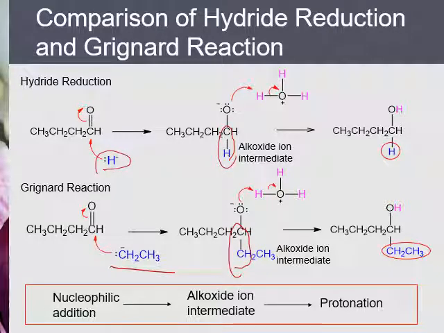The next step for both is protonation, which gives you the alcohol. So for hydride reaction, the final product has an additional carbon-hydrogen bond, but for Grignard reagent it is a carbon-carbon bond. So the product has an additional alkyl group that comes from the Grignard reagent.